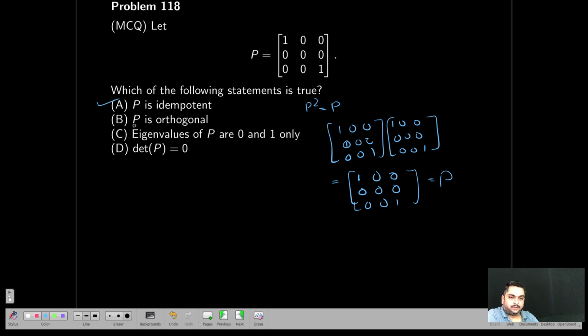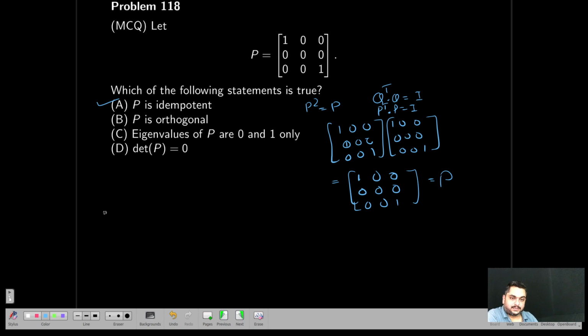Is it orthogonal? Orthogonal means you have to check P into P transpose is equal to I. Otherwise, you can use the shortcut from the definition of vectors: check that the square root of the sum of squares of each column should be 1.